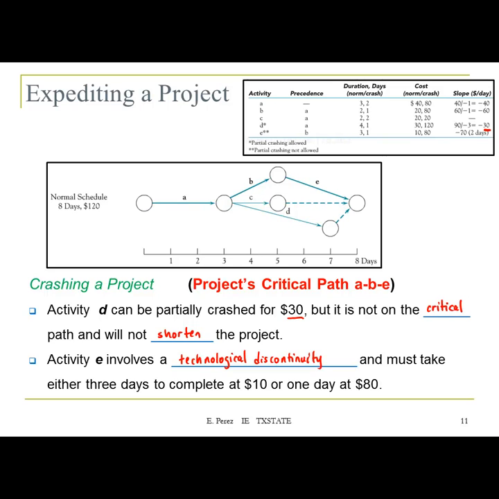If you use activity A, that's going to cost you $40. For that one, you can just cut by 1 day because you can go from 3 to 2. But for instance, activity D gives you more.